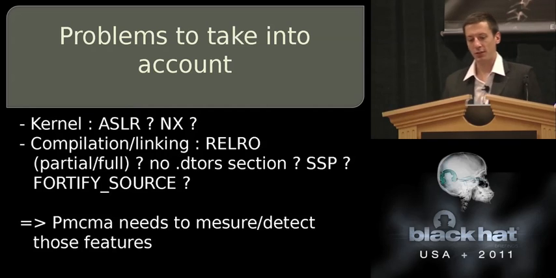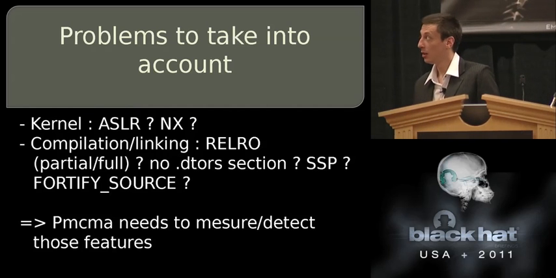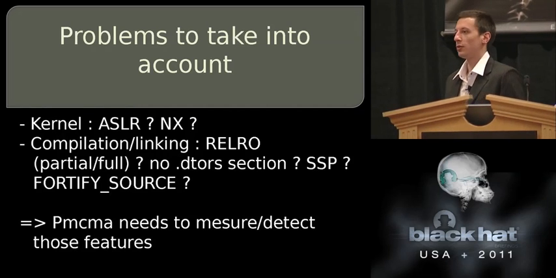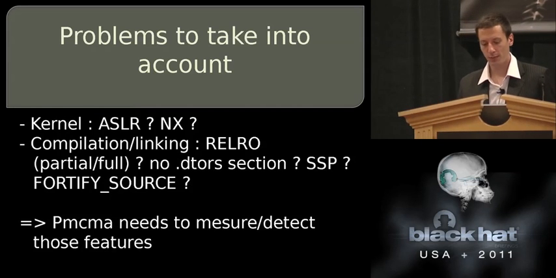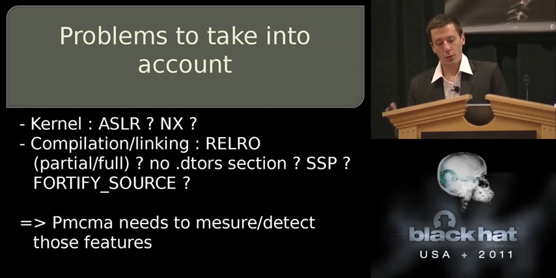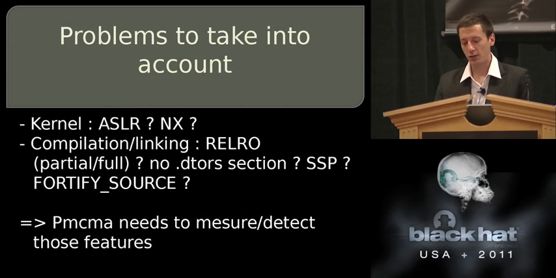That would be, for instance, address space layout randomization, non-executable sections, be it because of hardware or kernel emulation. Like we mentioned, compiler enhancements such as relocation, static GOT, or stack cookies.